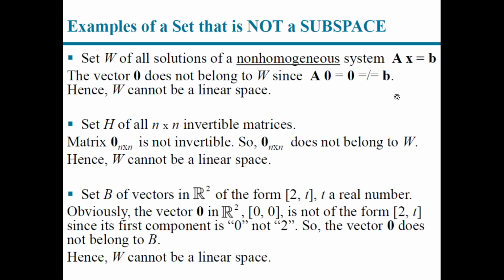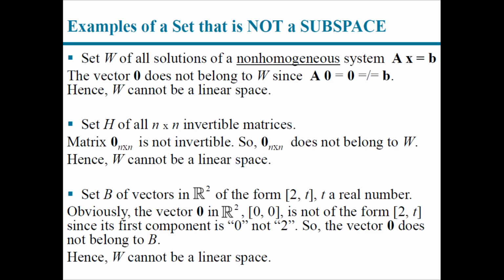Now some examples of sets that are not linear subspaces. Solutions of Ax equal b. So I have a non-homogeneous equation. The solutions of Ax equal b, that's a set of solutions when they exist, and this set is not a linear subspace.